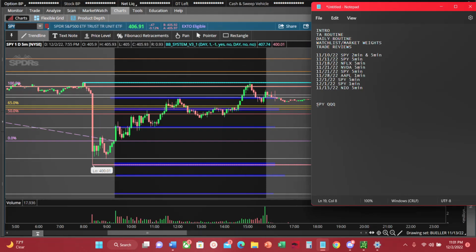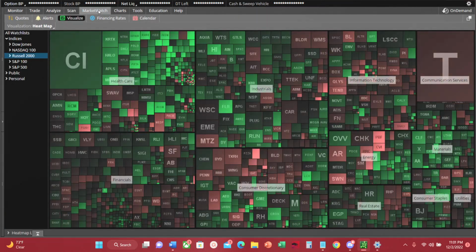Top three in SPY is Apple, Microsoft, Amazon, but they don't have as high weight in there as they do in QQQ. So if you're into tech, definitely a great ticker to watch. Here I can show you what the weights of SPY are, and I'll show you what the weights of NASDAQ also look like.